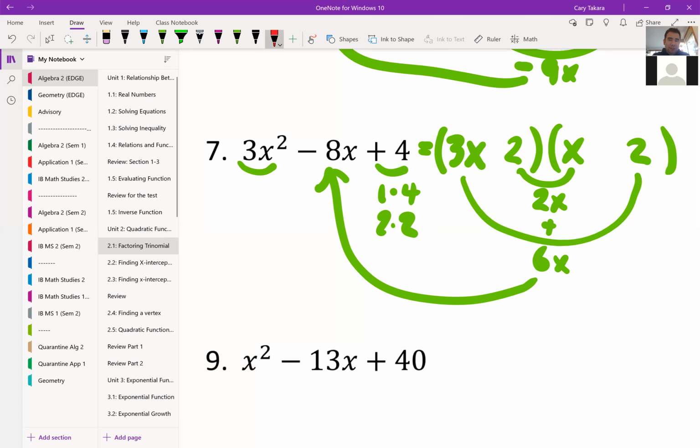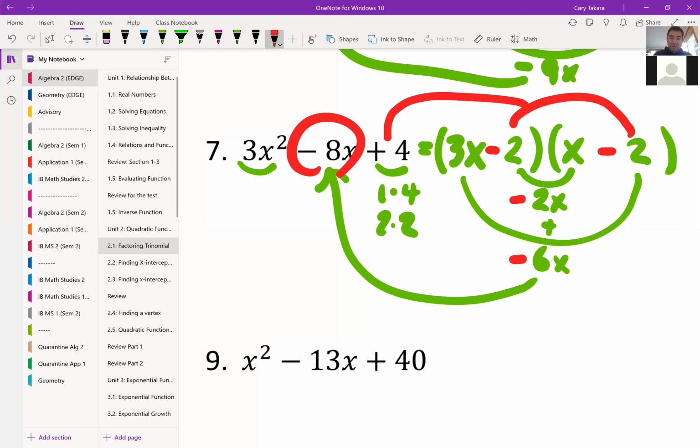If 2x is negative 2x and 6x is negative 6x, then if you add them up, you get negative 8x. That means both are negative. And that makes sense because negative 2 times negative 2 is positive 4. So it fits.